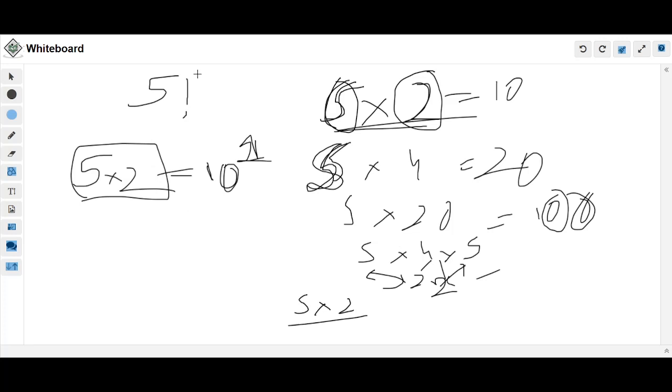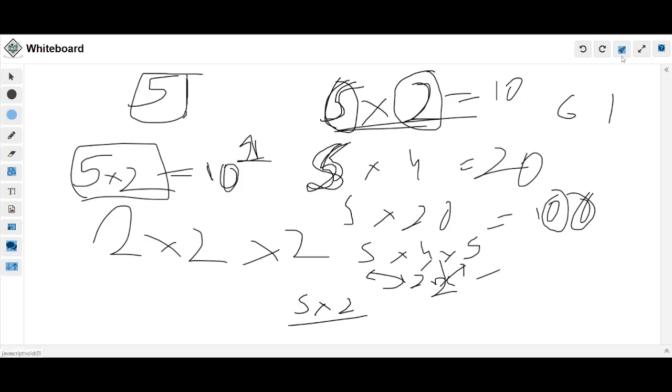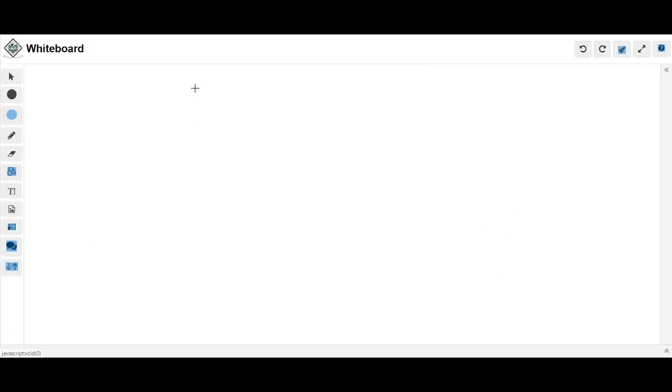Now when we are using a factorial, the number of 2 factors will always be greater. As you can see, let me just wipe this off. 6 factorial is present, like 6 into 5 into 4 into 3 into 2, right?